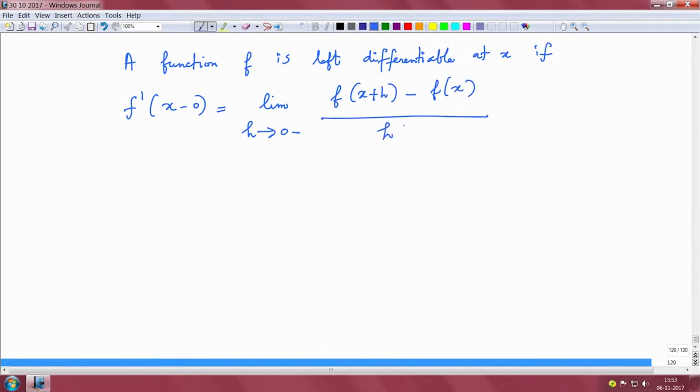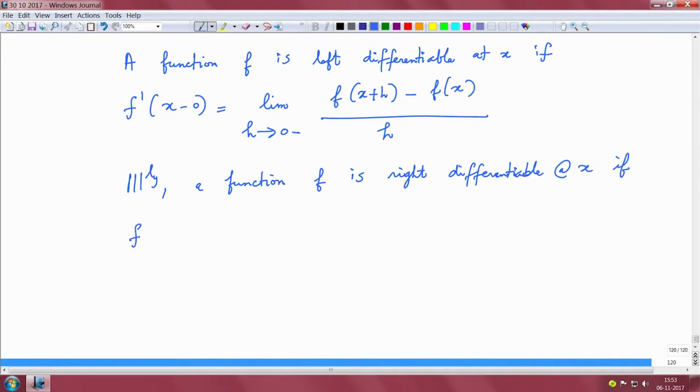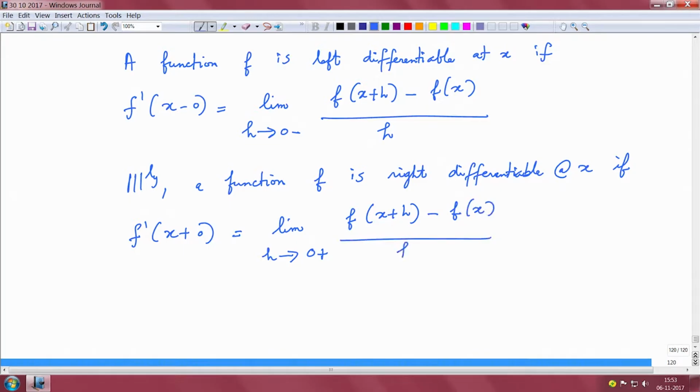This is the left differentiable condition. Similarly, a function f is right differentiable at x if f dash of x plus 0 is given by the limit h going to 0 plus of f of x plus h minus f of x divided by h.